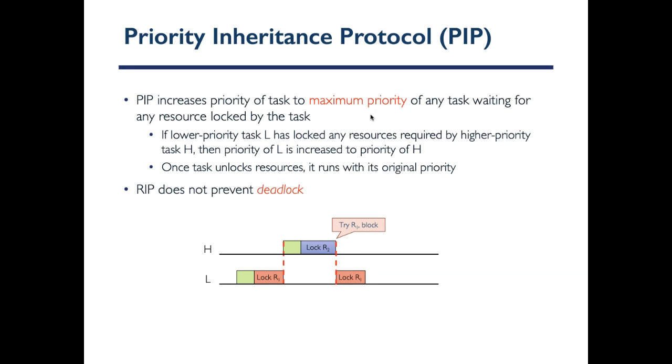You go back to L. You elevate at this point the priority of L. It becomes H. It doesn't really matter in this case because we have only two. And let's say at this point, L wants to lock R2. So you have a deadlock, right? Because L is waiting for H and H is waiting for L. So in essence, PIP prevents priority inversion, but it creates other problems, most importantly, deadlock.